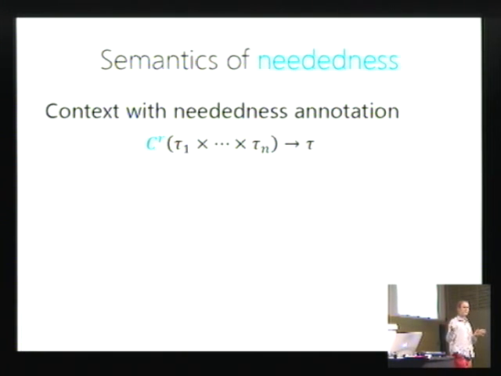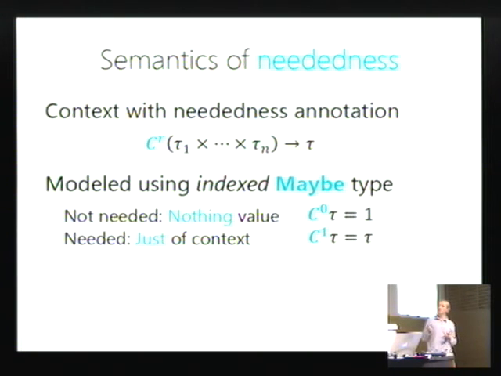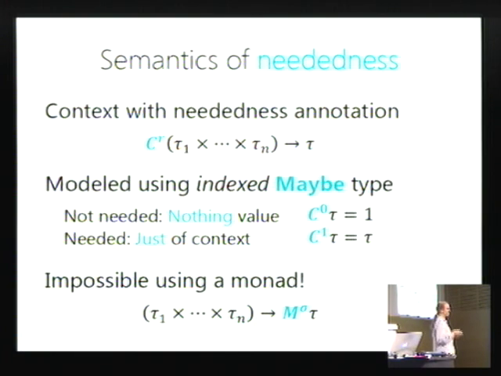And this thing for neededness, that's some maybe data type, where if you have C0, then that means you can give the function nothing. If this is C1, then that means you actually have to give it the context, so you have to give it just case with the values. So you couldn't do that with monads, because with monads, the context doesn't have any structure over it. You always have to give it the context. You can only annotate the result.